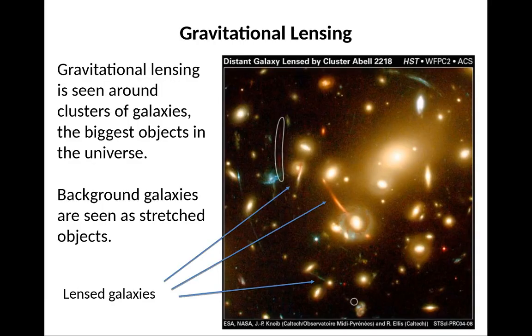But you see lots of evidence of gravitational lensing in galaxy clusters, which are the biggest objects in the universe. You see here what happens. These background galaxies are stretched out. This is one stretch, that's another stretch right there, another image right there. These are magnified by the fact that there's a big cluster of galaxies in front of these faint distant galaxies. So these are lens galaxies.